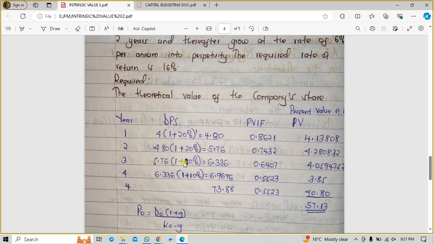5.76, 1 plus 10%. The first 2 years we use the rate of 20%, the next 2 years the rate of 10%. So 5.76 times 1 plus 10% gives us 6.336. Then 6.336, 1 plus 10% again, gives us 6.9696.